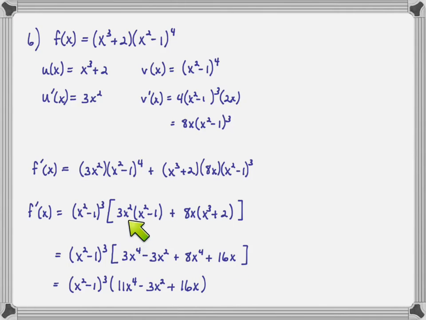Now combining like terms, we have 3x^4 plus 8x^4, that's 11x^4. And then we have minus 3x^2 and plus 16x. And all of that is being multiplied by that cubed binomial that we pulled out before, (x^2 - 1)^3.